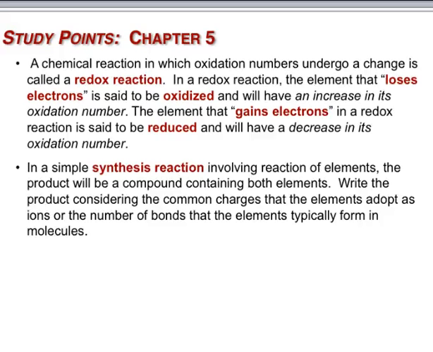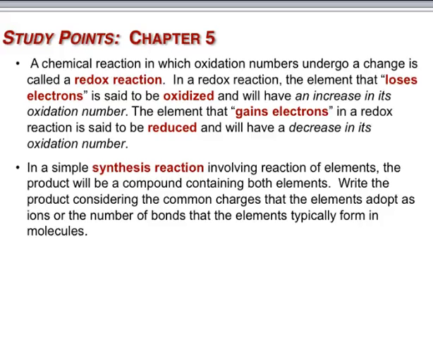If we're trying to predict products in a reaction, that's when it's useful to know if it's synthesis, decomposition, single replacement, whatever. For a synthesis, first thing you need to decide is whether you're going to make an ionic compound or a molecular compound. It's really simple. Is there a metal involved? If there's a metal, it'll be ionic.